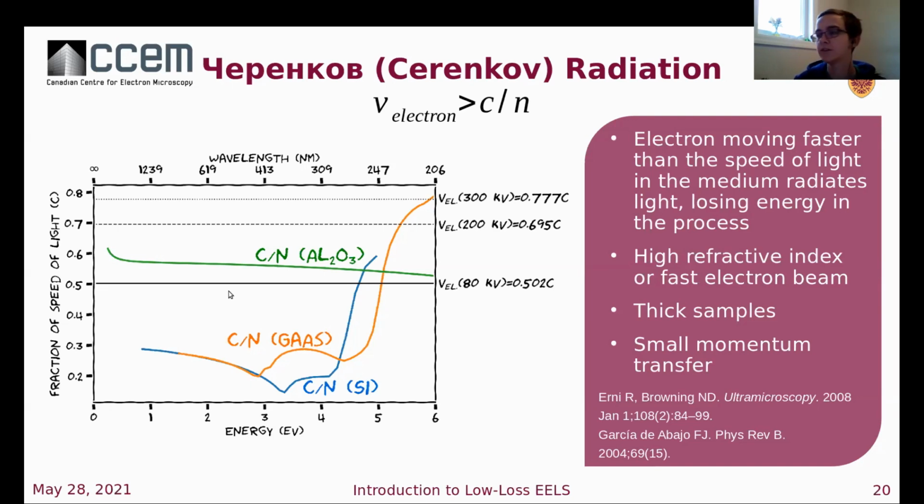Cherenkov is something you need to be aware of and be concerned about when your electron beam is moving very fast or when the refractive index of your sample is very high, so that light might be moving very slow. For many semiconductors, for example, the Cherenkov radiation will almost certainly occur because of this relationship between refractive index, speed of light, and the speed of the electron beam.